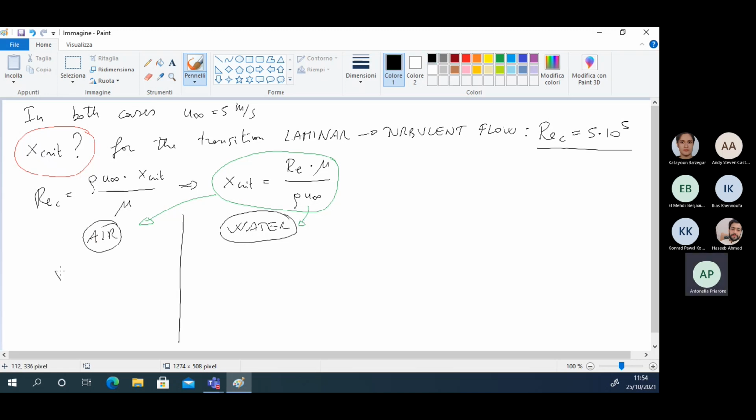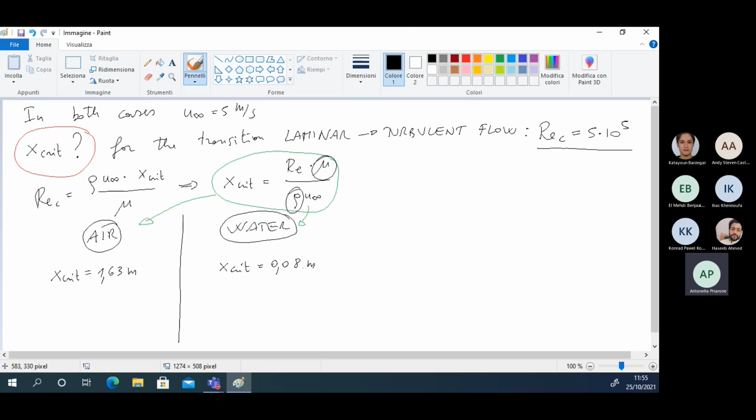Substituting inside this expression the values of the thermophysical properties of air and water, so what I change in the calculation are the dynamic viscosity and the density, X critical is equal to 1.63 meters if I'm considering air, and X critical equal to 0.08 meter if I'm considering water.